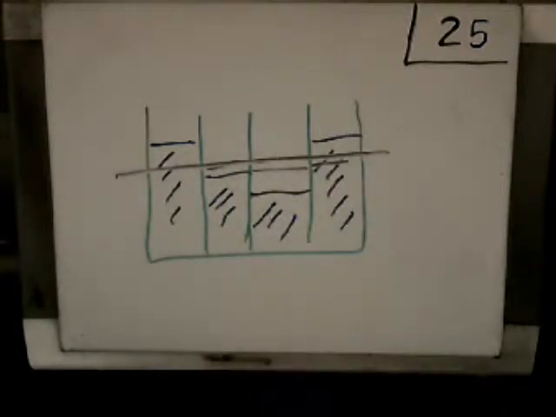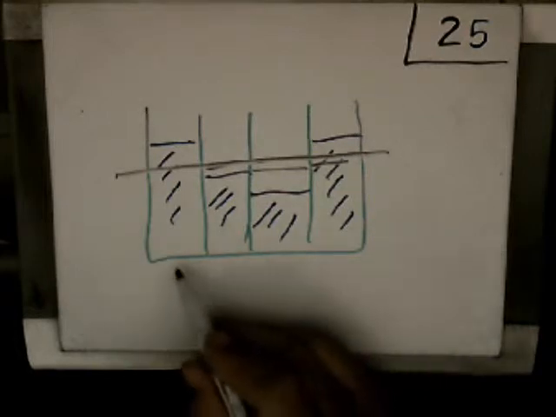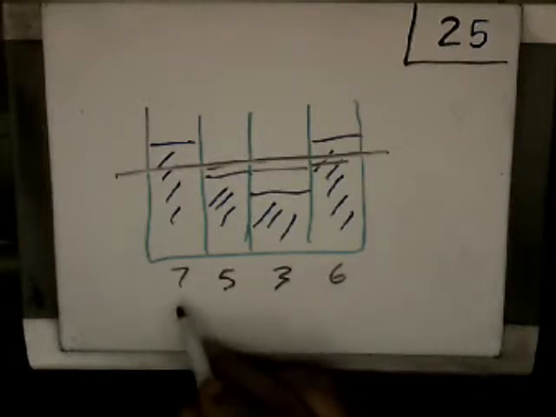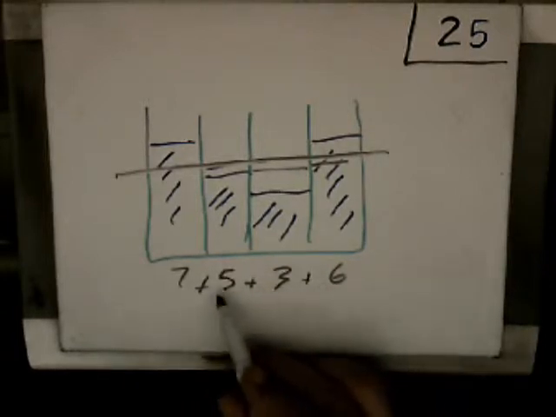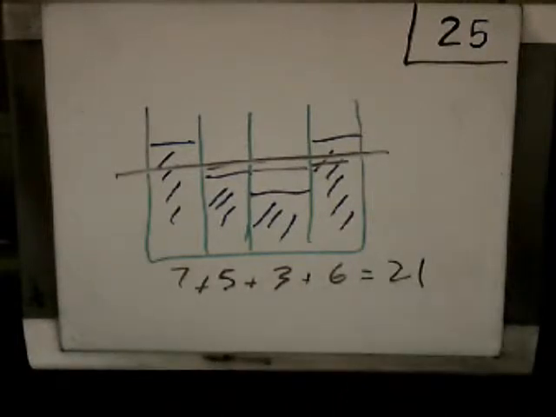Well, if we were to do this mathematically, we'd add up each of the values here. Let's say we had 7, 6, 5, and 3. We'd add them all up. There's 9, 16, 21. 21 is their sum.